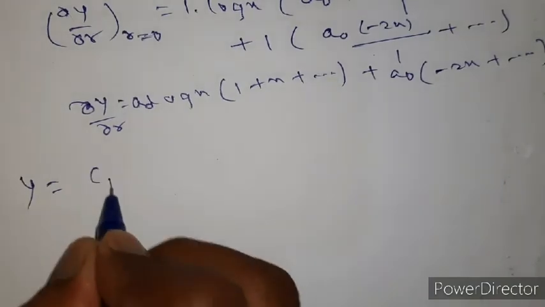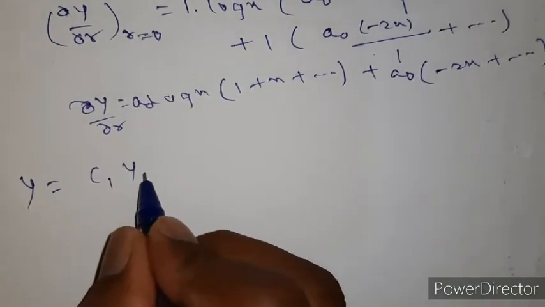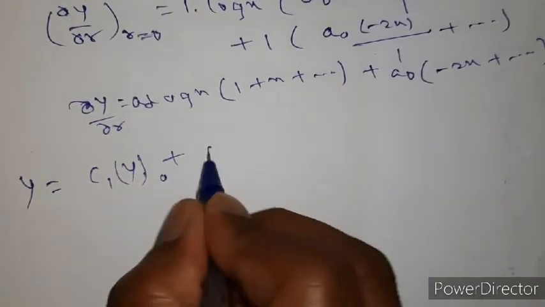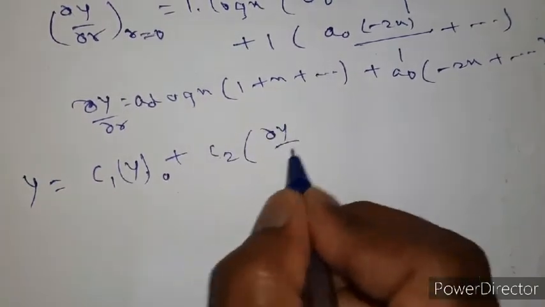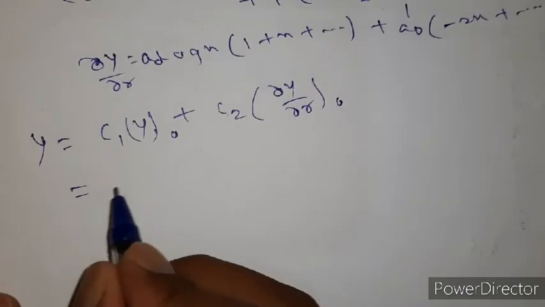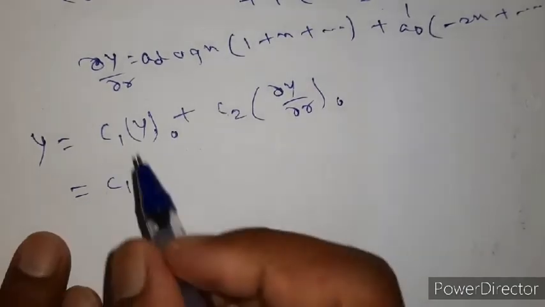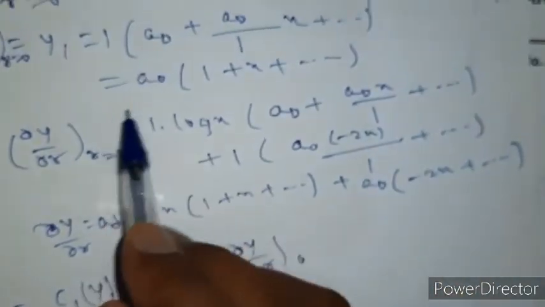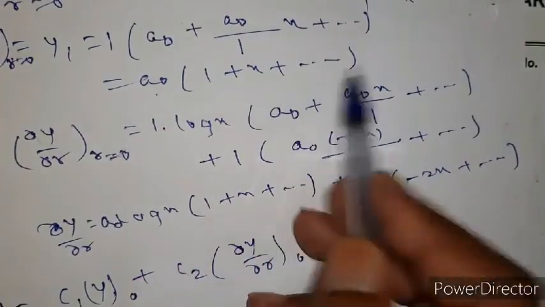So write down your final answer. y is equal to c1 y at 0 plus c2 dou y by dou r at 0. Yes, we have written this. So c1, write down y. The value of y is a0 into 1 plus x plus dot dot dot.